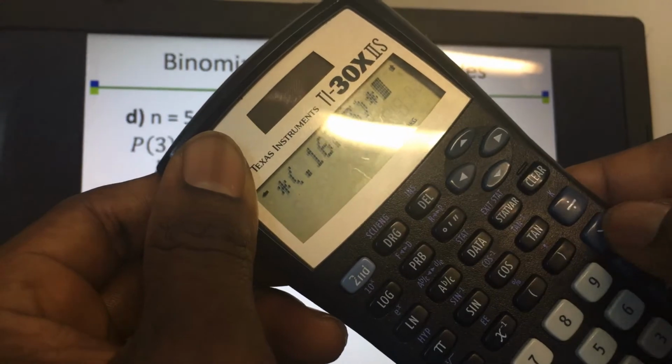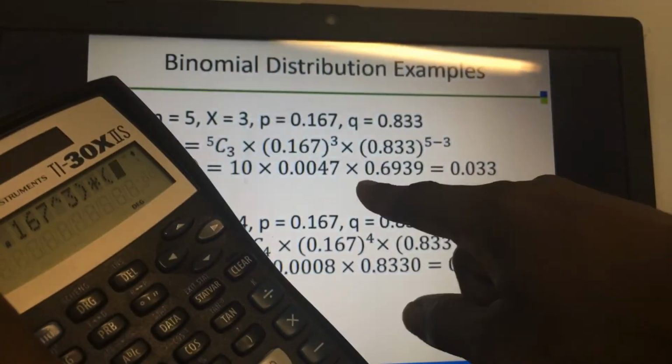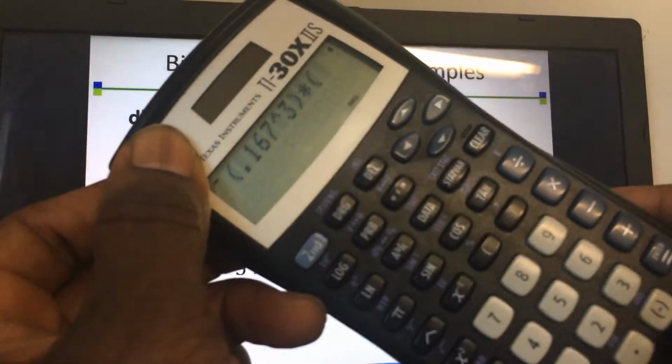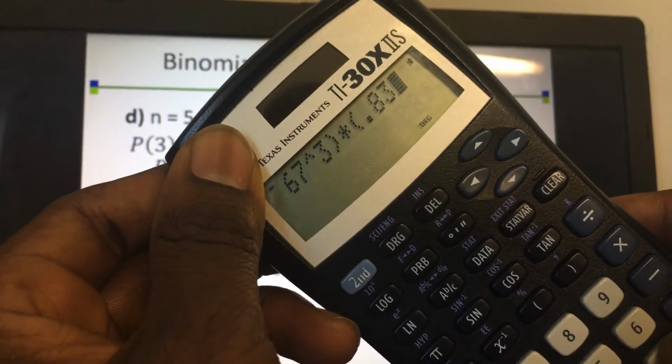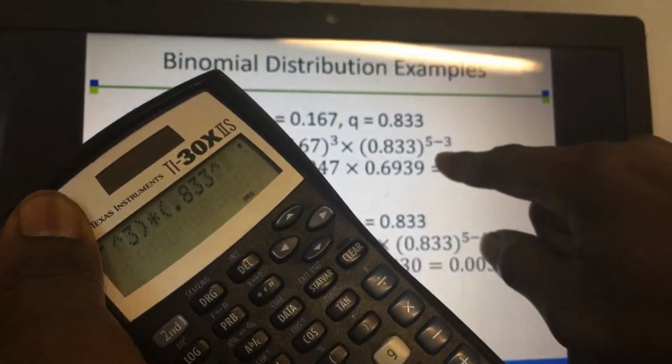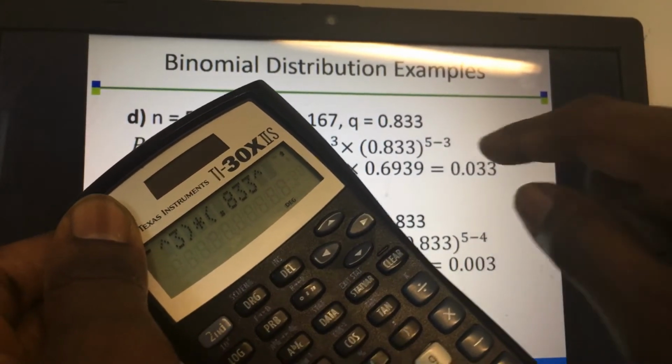Close this, times 0.833 raised to the power 5 minus 3, which is 2.